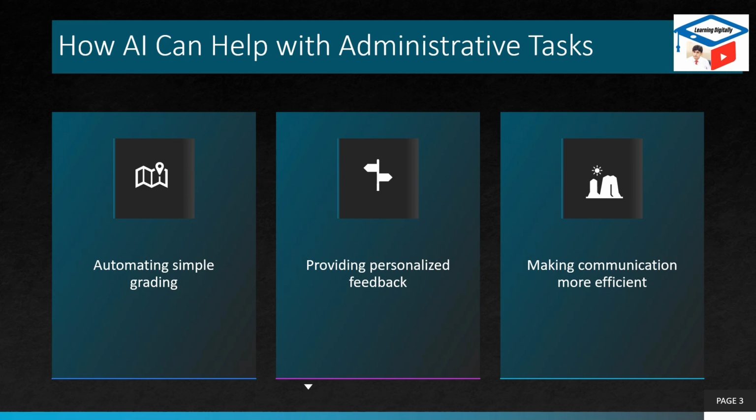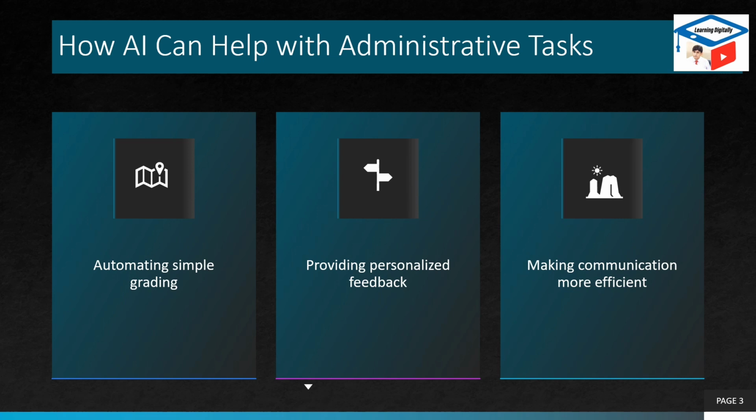Now, how can AI help with administrative tasks? Let's learn. AI can be a valuable tool for teachers to streamline administrative tasks such as grading and attendance tracking. Here are some ways that AI can help with administrative tasks. Number one, automating simple grading.